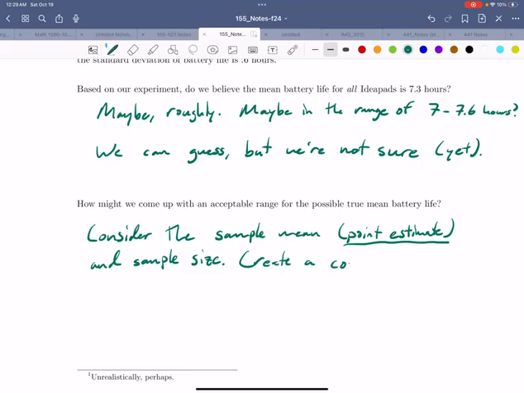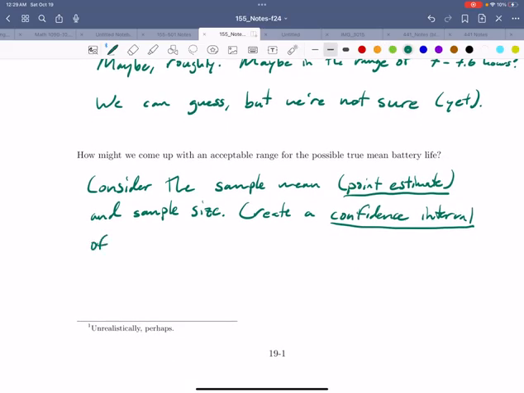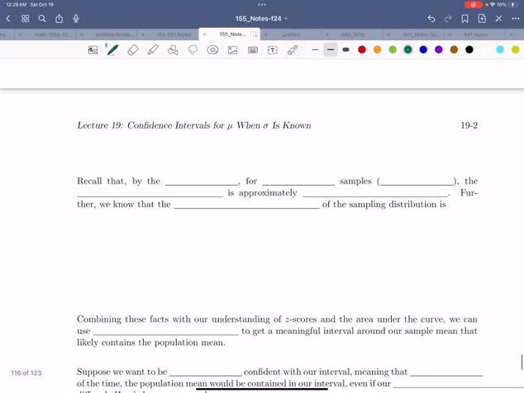Create a confidence interval of likely range of possible population means. All right, and that's what we're going to do. That's our approach. So let's be formal about this.